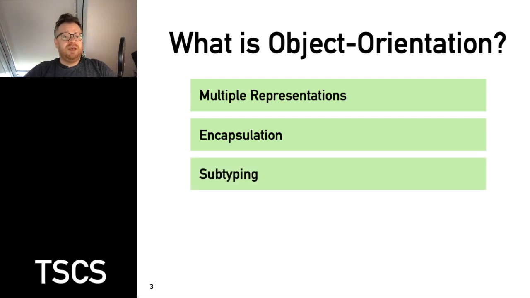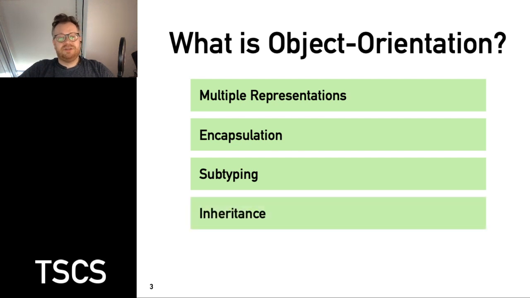Of course, you have subtyping. And subtyping is very important in object orientation, because it facilitates the multiple representation part to some extent, and it also helps you to program against interfaces and not against actual implementations. And by this, you also have inheritance.